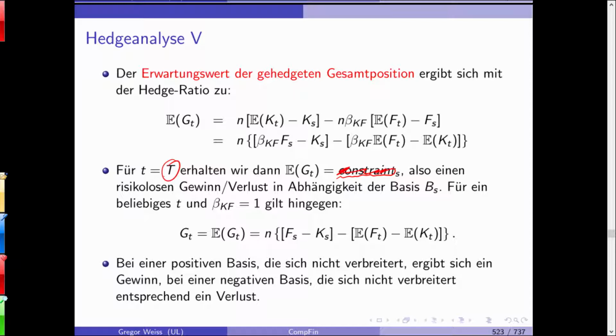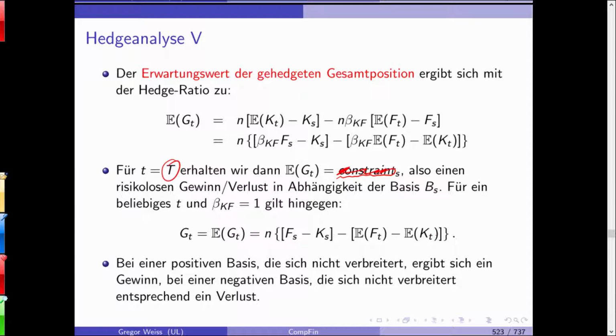At any previous point in time, t, and a correcting beta factor of 1, assuming that spot and future price are perfectly positively correlated, you will get N times Fs minus Ks minus this here.